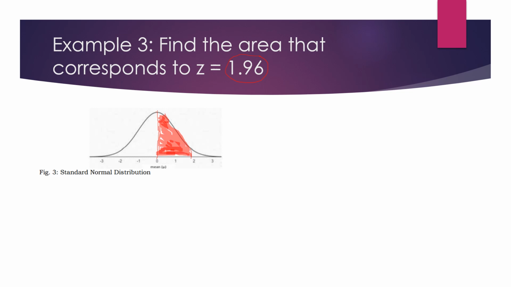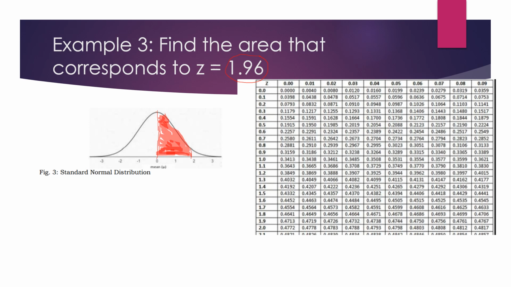For us to find the area of 1.96, of course, step 1 is to make it a 3-digit form. It is already in its 3-digit form. Second step is to locate the first 2 digits of the given. So 1.9 is at this part.